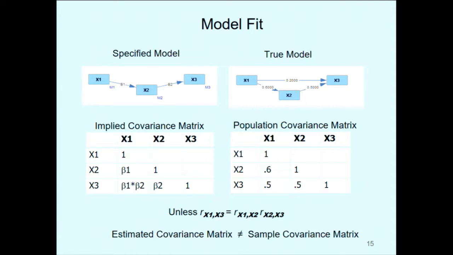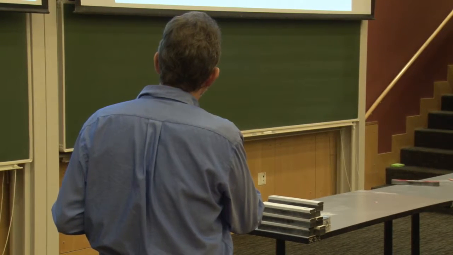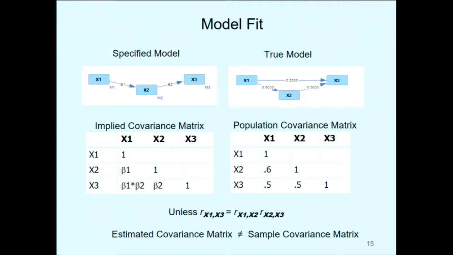So you're screwed somewhere. You cannot recover these three numbers with these two parameters. There's absolutely no way. And the fact that this correlation is the product of these two parameters is the constraint you're under. So this model implies 1 degree of freedom, which is completely misnamed.